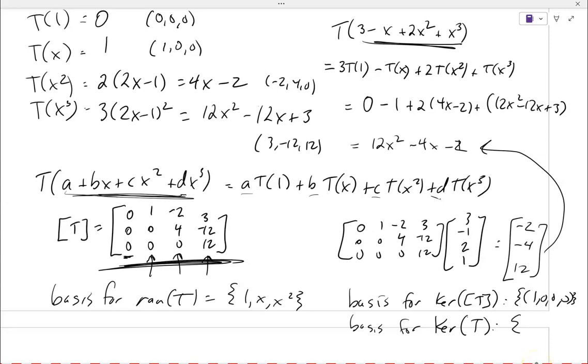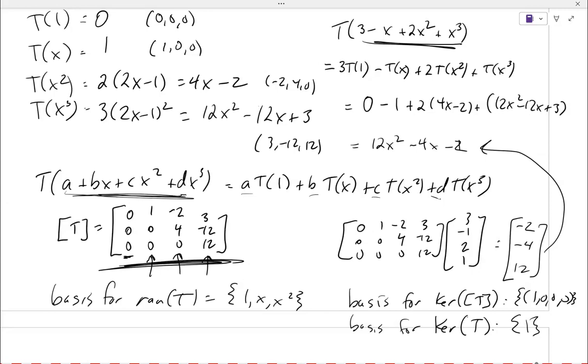What does 1, 0, 0, 0 correspond to back in P3? 1. Now let's think about what you know about calculus. What functions have derivative 0? Constants. What do we just generate with that basis? Constants.